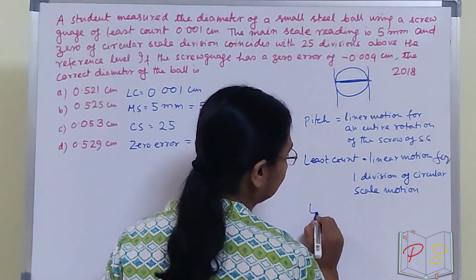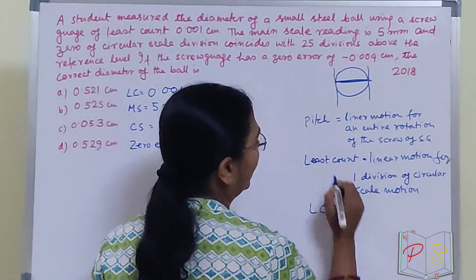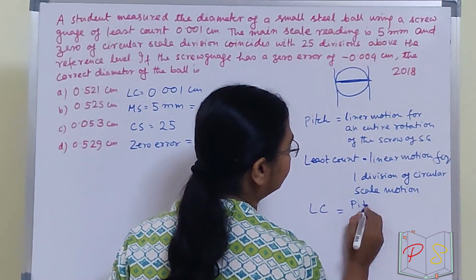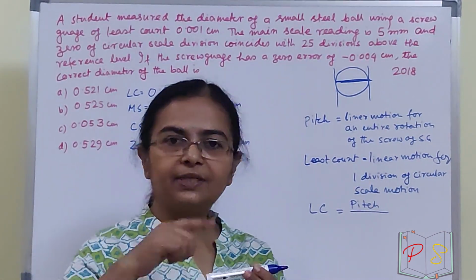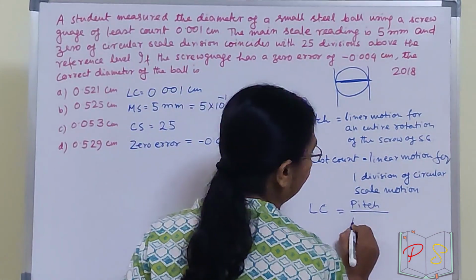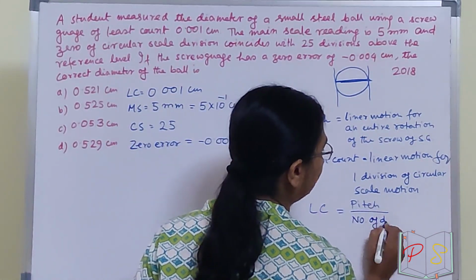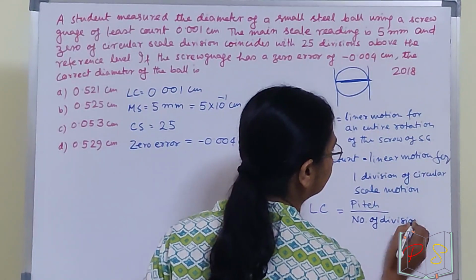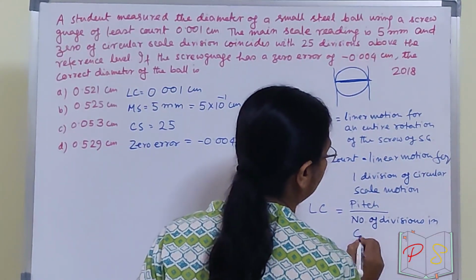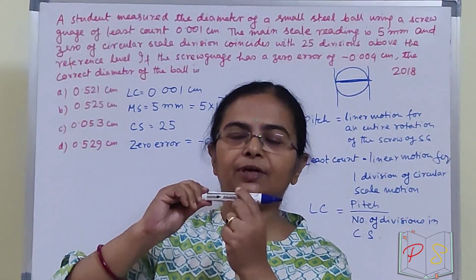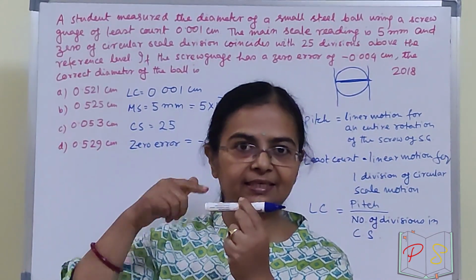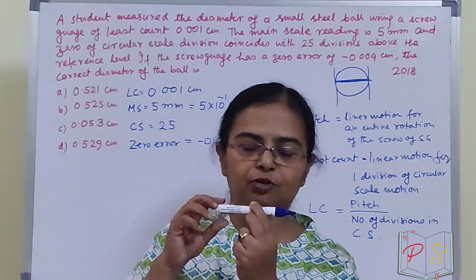So generally least count we get by dividing pitch by the number of divisions in the circular scale. Clear? Pitch is when I rotate it through 360 degree, what is the linear motion.